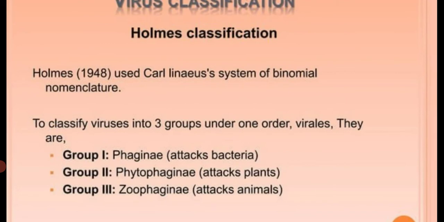In 1948, Holmes used a linear system of binomial nomenclature and he classified viruses into an order Virales, and the order Virales is further sub-classified into suborders, that is Phagineae, Phytophagineae and Zoophagineae.